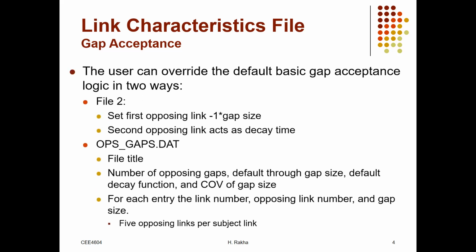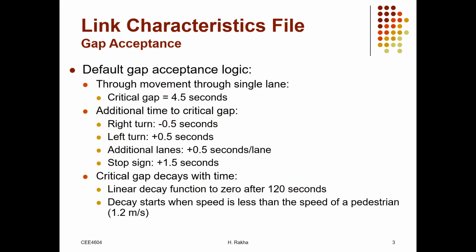You can override these defaults. So these are the defaults in INTEGRATION, which I would not suggest overriding unless you have evidence that the behavior of the drivers in this location is more aggressive, because we came up with these parameters based on empirical observations in the field.